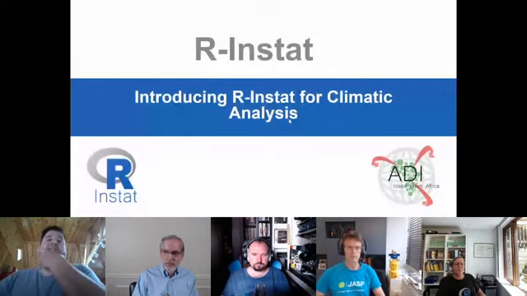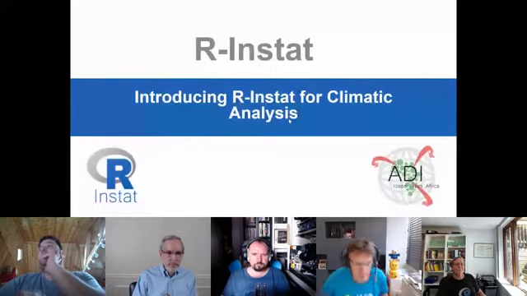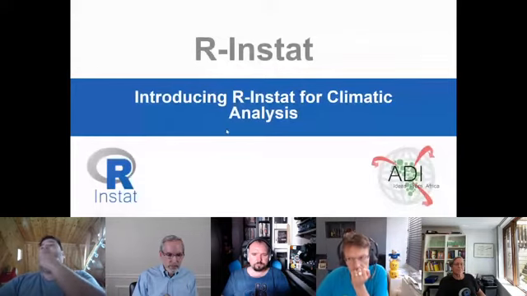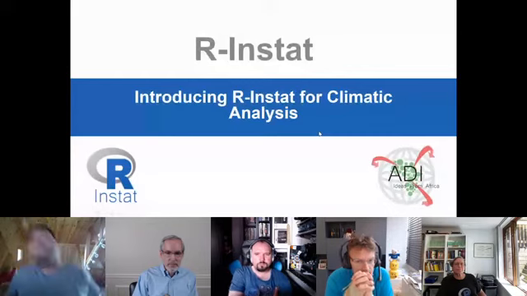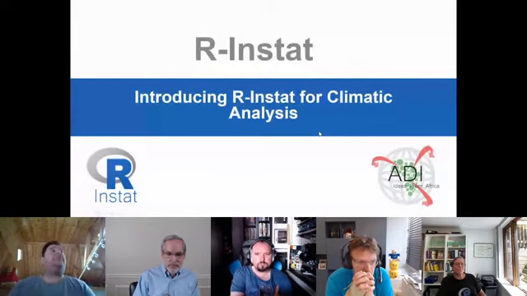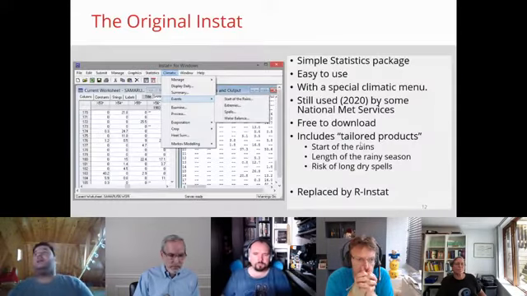So R-Instat is really being driven by climatic data. It came from software which started being developed in the 1980s, called Instat, a minnow of a statistics package, which got a niche area with Met Offices around the world because it had a specific tailored climatic menu.